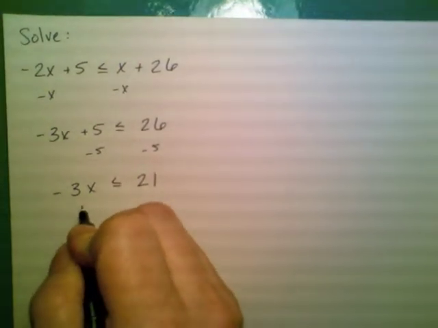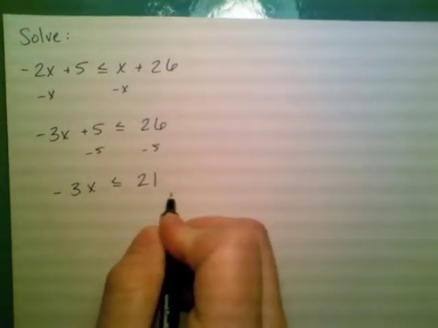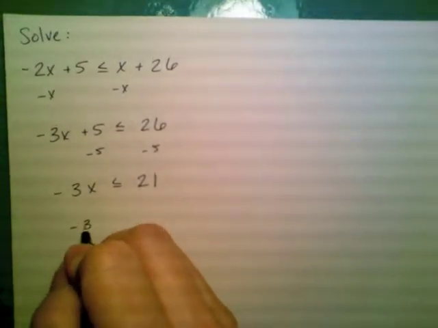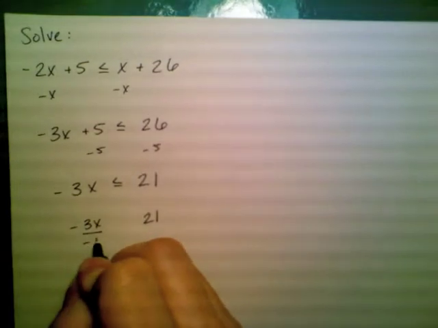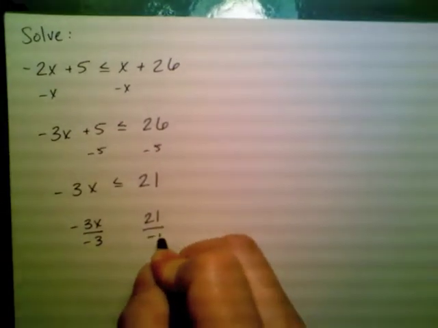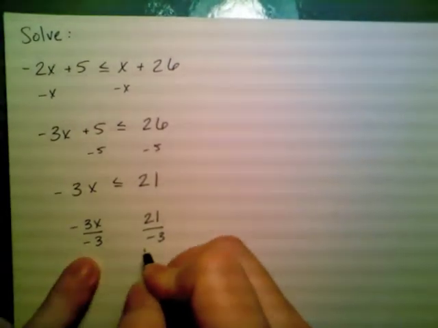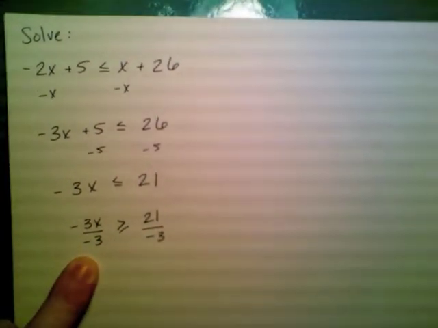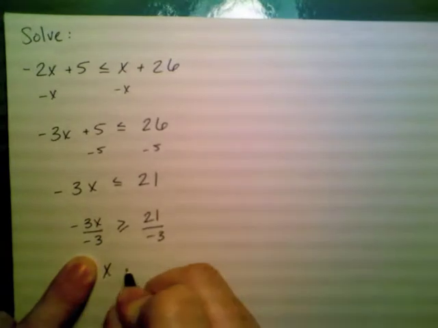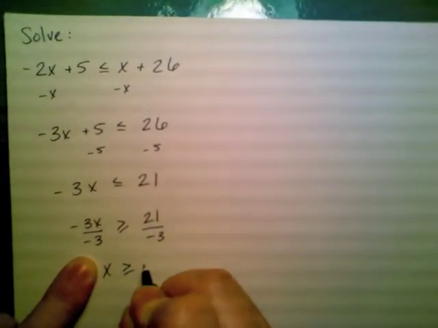I want to divide both sides by a negative. I'm actually going to rewrite my inequality to do that. When I do this division, as soon as I do it, I need to flip my inequality. That gives me x is greater than or equal to negative 7.